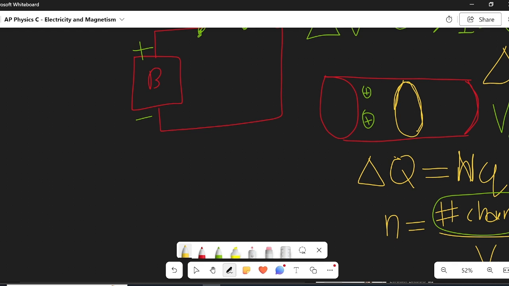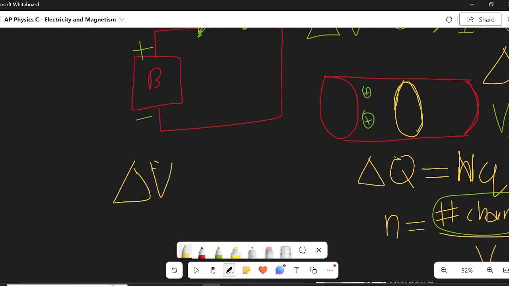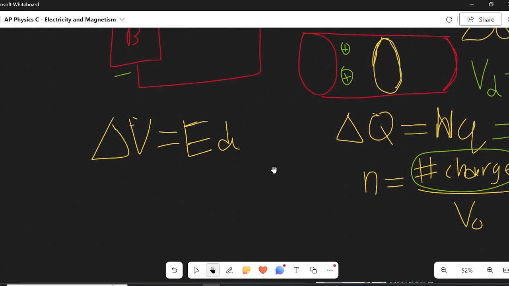So then the potential difference can be defined as the electric field multiplied by distance. Remember this, we also learned this formula in the very first unit. This is where we put all those first formulas we learned in the first unit into action and get new laws.